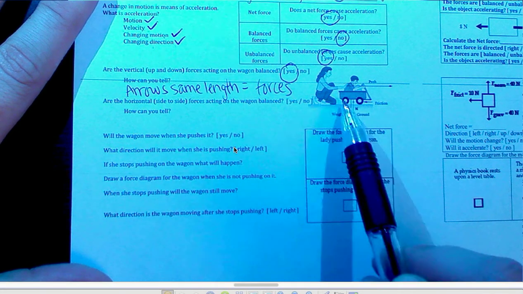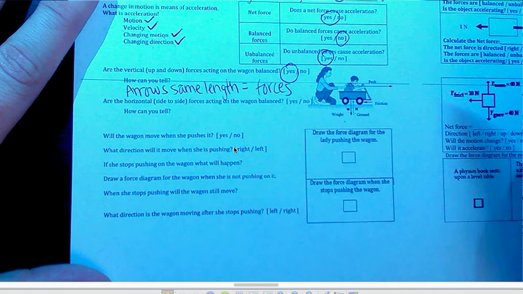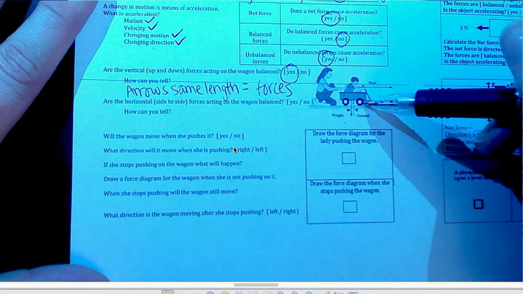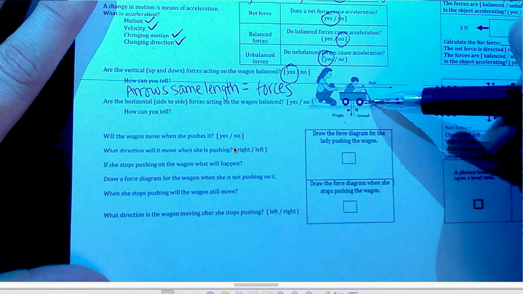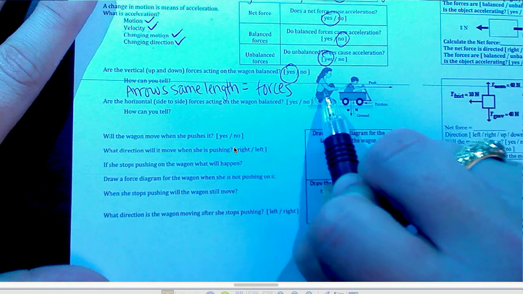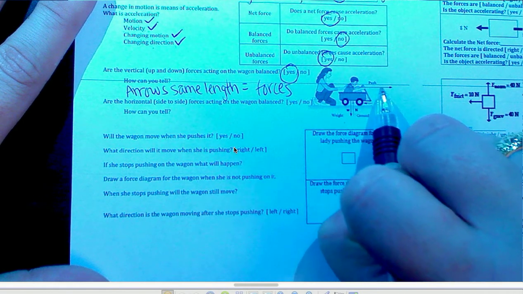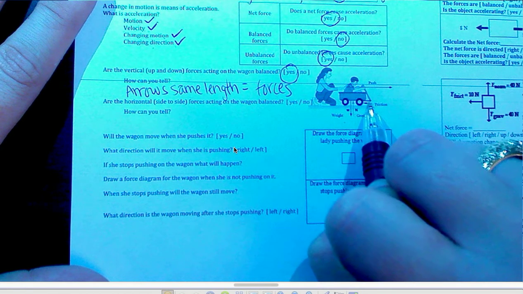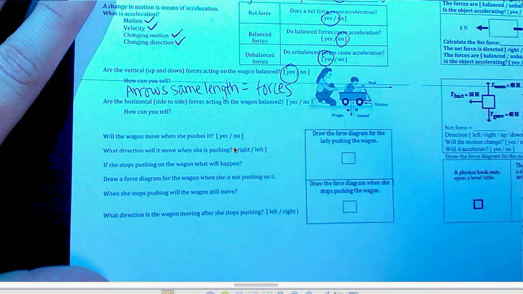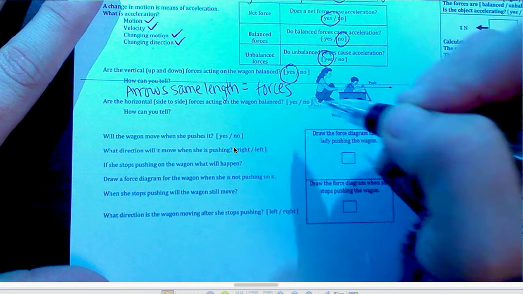Are the horizontal forces, the side-to-side forces, equal? No. We see friction is pushing back on the wagon to the left, but the mom is pushing on the object from the right, and her arrow goes all the way here, and friction only goes here. So the mom has more force.